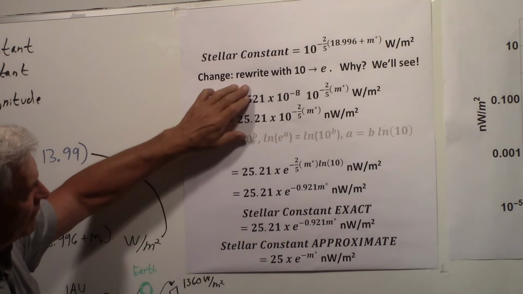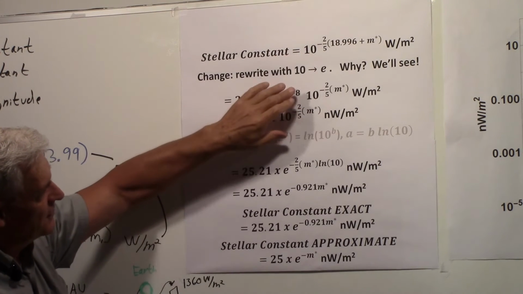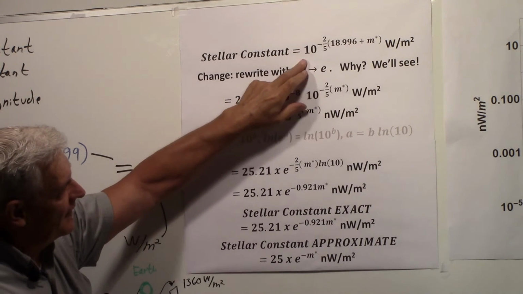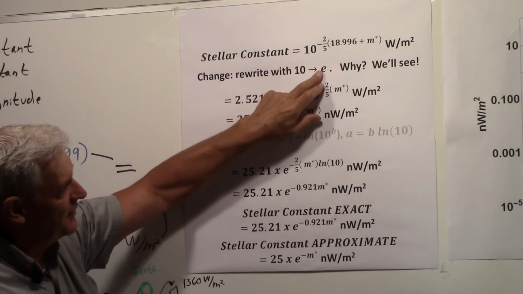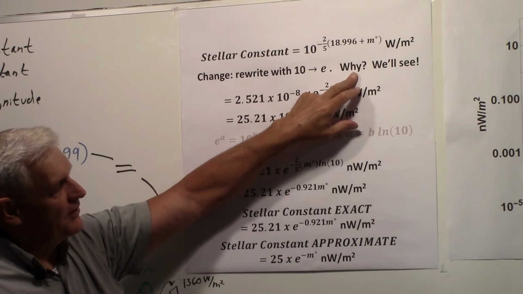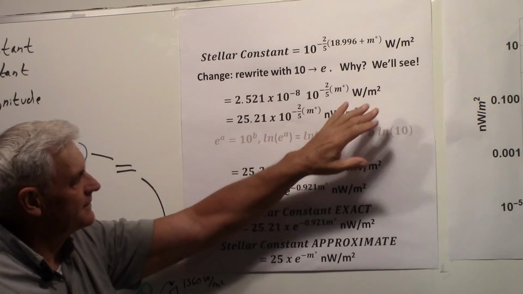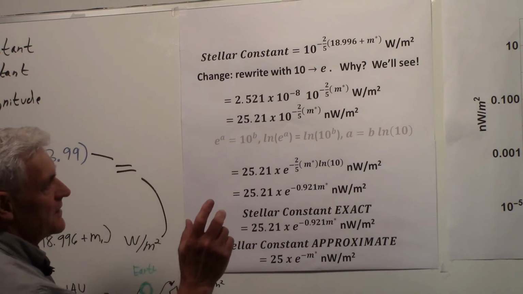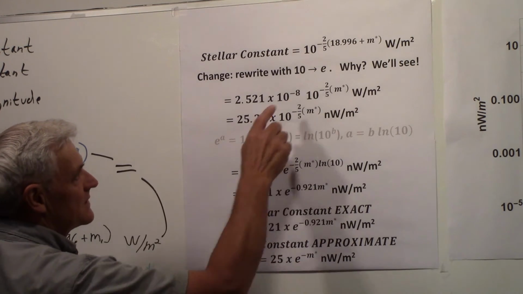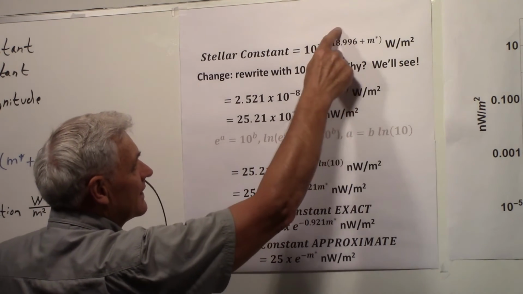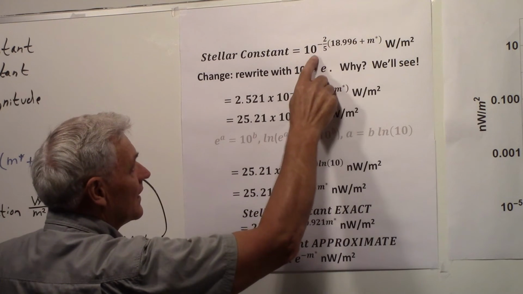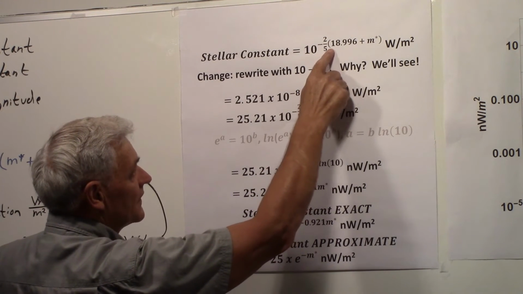Now we want to rewrite that expression, and instead of having 10, we'll use the exponent e. And why would we do that? Well, we'll see.